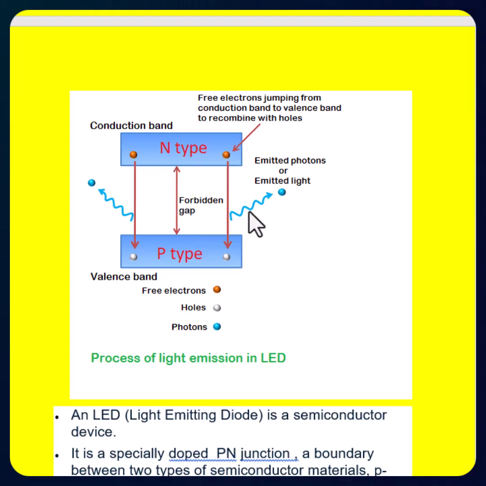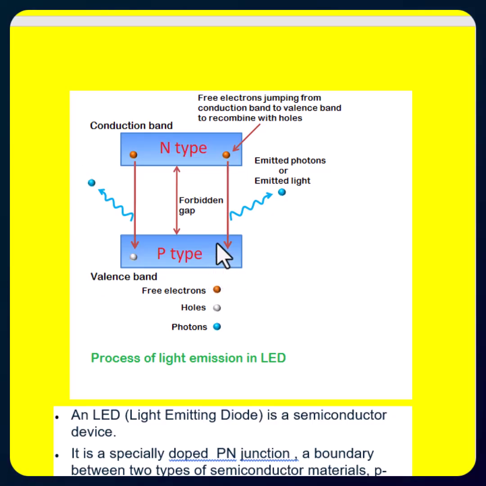This is the n-type material, this is the p-type material, this is the depletion region, that is called the forbidden gap. When the proper voltage is applied between P and N with proper polarity, that is P is connected to the positive terminal and N-type material is connected to the negative of the DC supply, and the applied voltage is proper, then that is called forward biased with proper voltage.